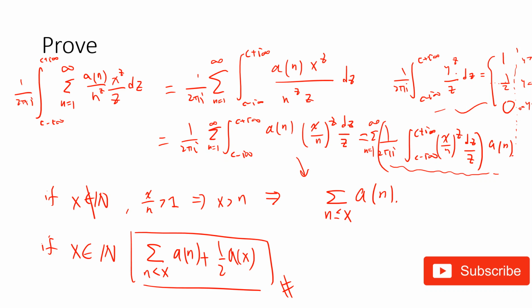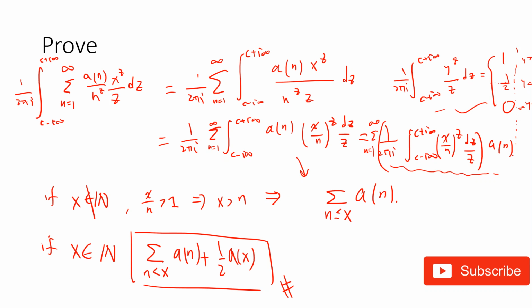So by definition we know these guys. In order for this one to be 0, x divided by n must be greater than or equal to 1. So if x is not equal to n, then x divided by n is not 1, and it must imply x greater than n, because n is any integer. If x is not an integer, then this always holds.